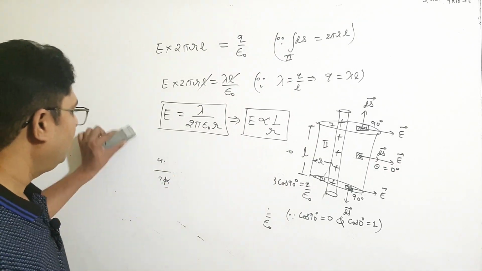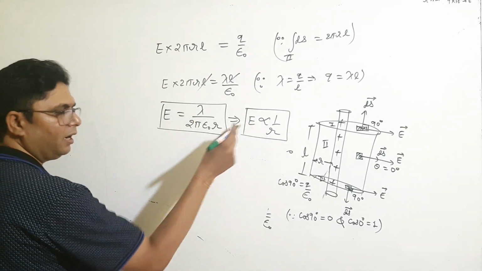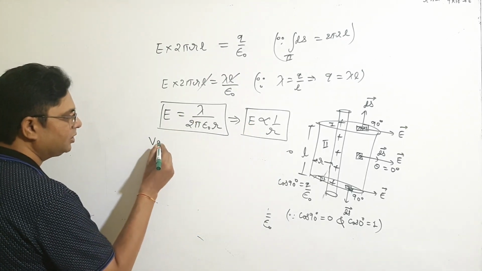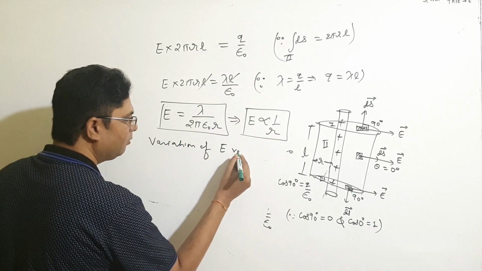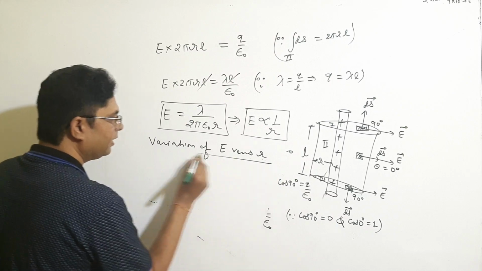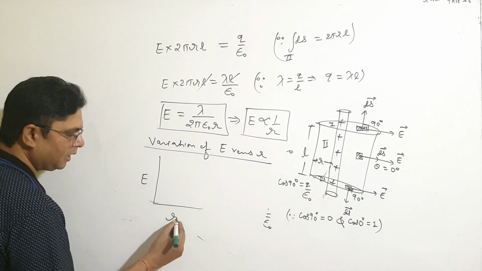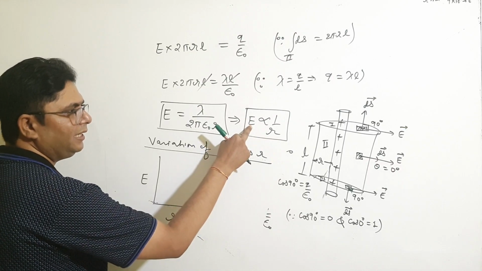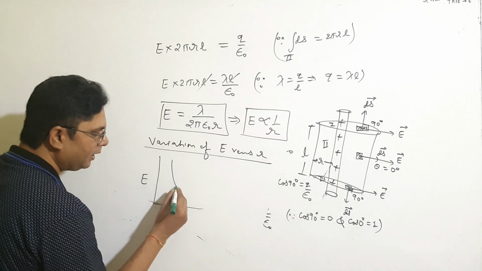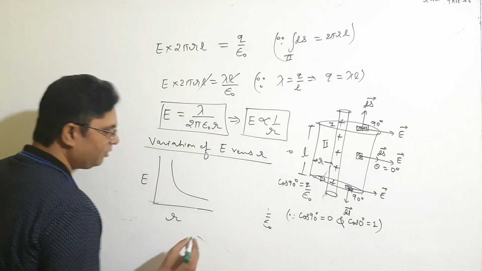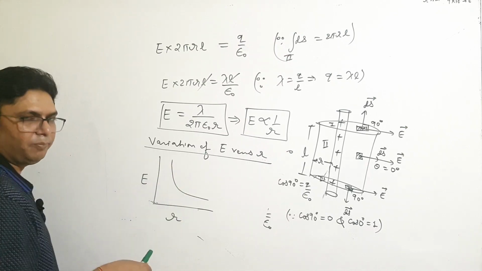Now if you draw the graph of variation of electric field with distance R, variation of E versus R, then let us place here E and place here R. As you know that E is inversely proportional to R, so here E and R have a curve nature in which this distance and this distance are same.